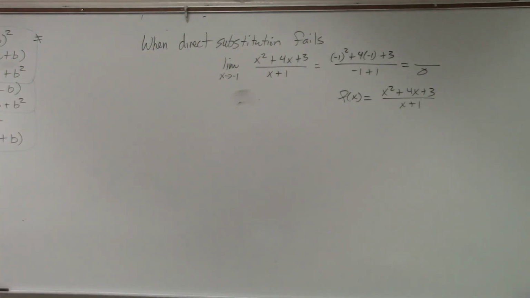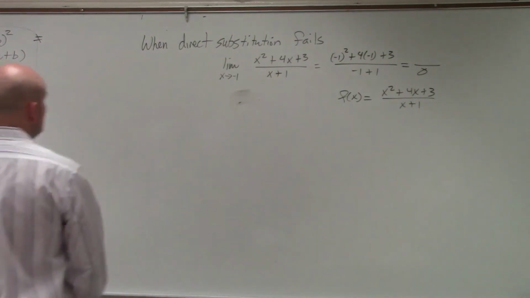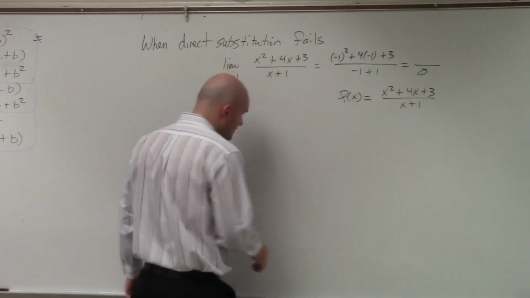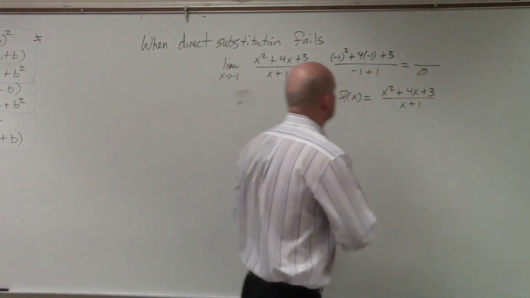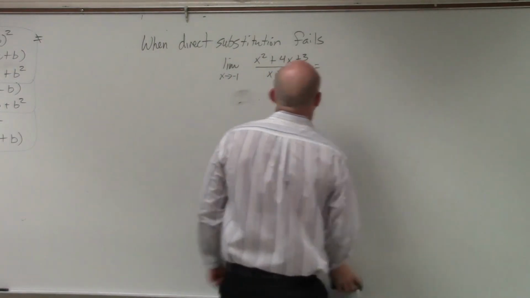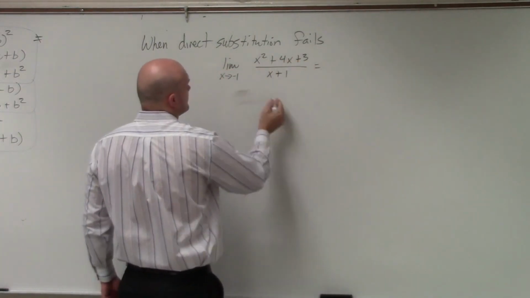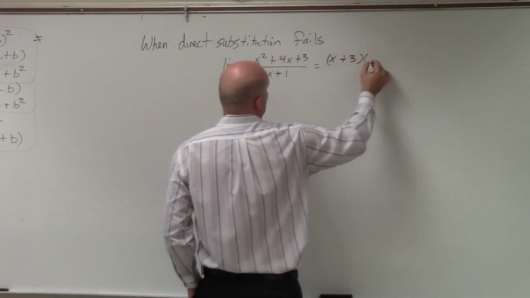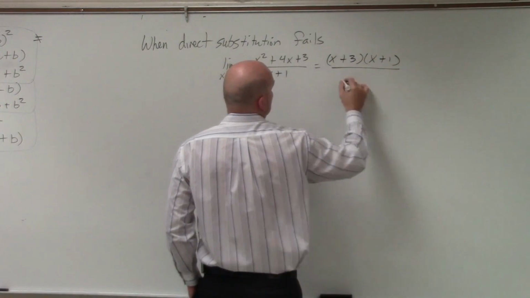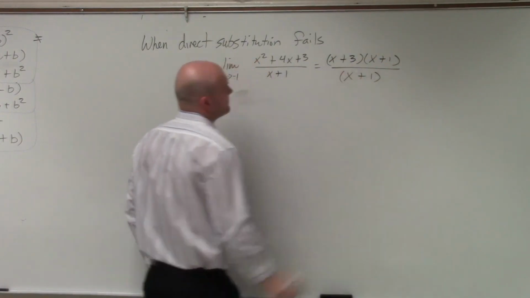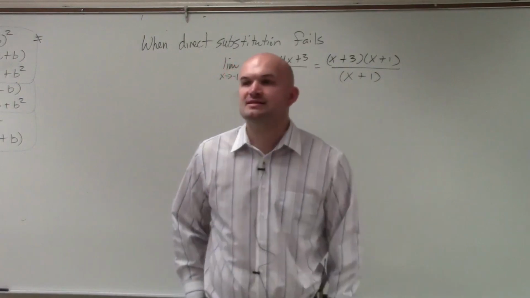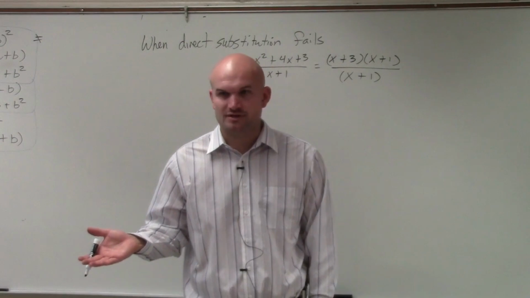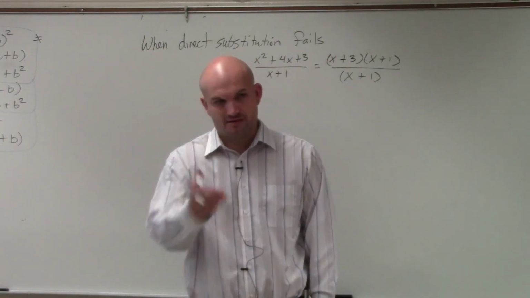And I noticed that in the numerator, I have a trinomial that I'm going to want to see if I can factor. So I'll go ahead and factor this into x plus 3 times x plus 1 divided by x plus 1. Right? By simplifying this, so by using factoring, I was able to simplify my function. So everybody see that?